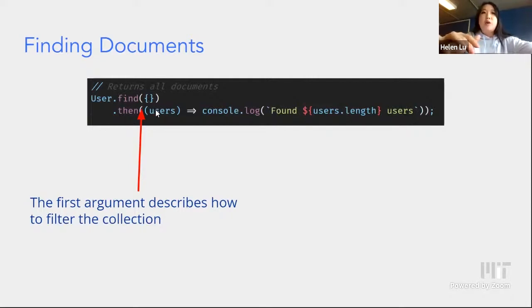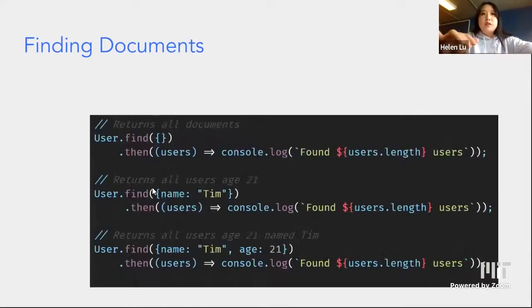But we can specify what fields and values we want to get from our database. If we want all of the users who have the name Tim, we specify in this object that we want to find all of the objects with name Tim, and this will return all of the objects that have this property as Tim.